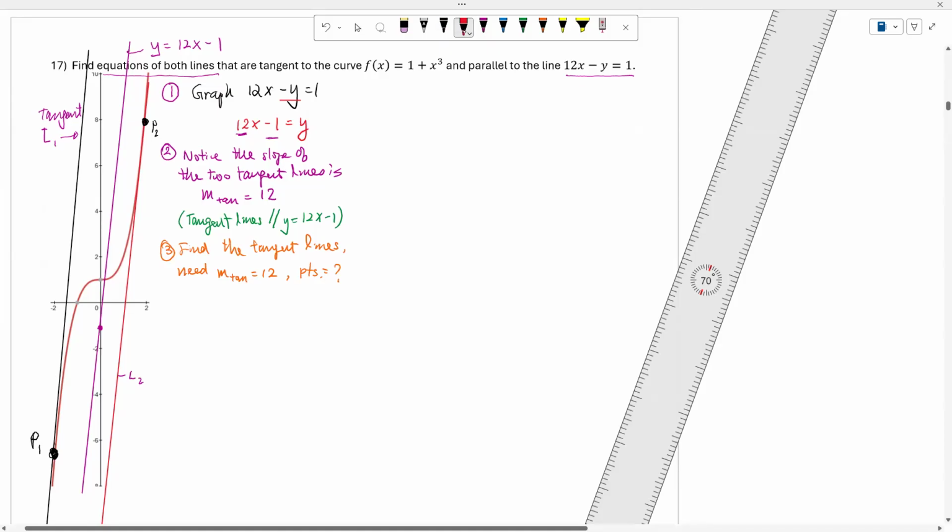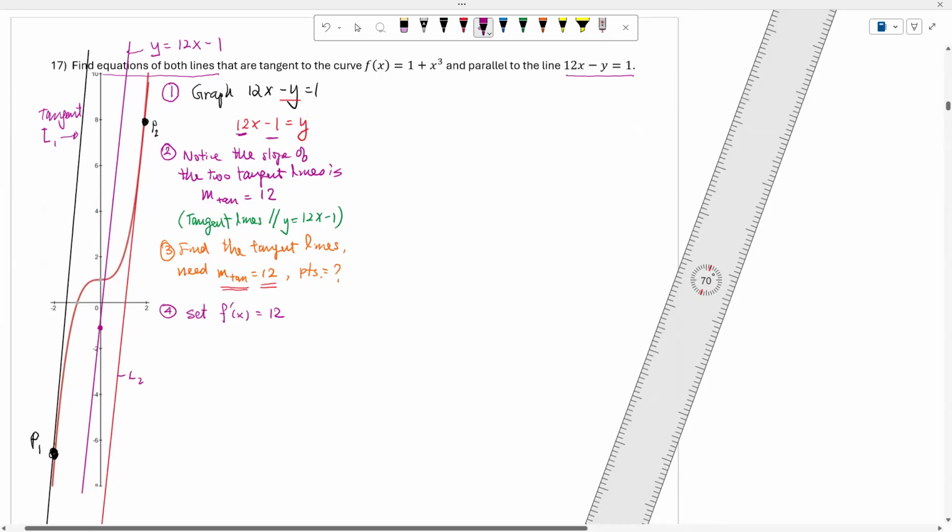Then, how do we actually work it out? This gives me the idea of how to locate the points. The reason is, we know that in this case, I would like to set f prime of x equal to 12. Again, why f prime? Because f prime is related to the slope of the tangent, right?